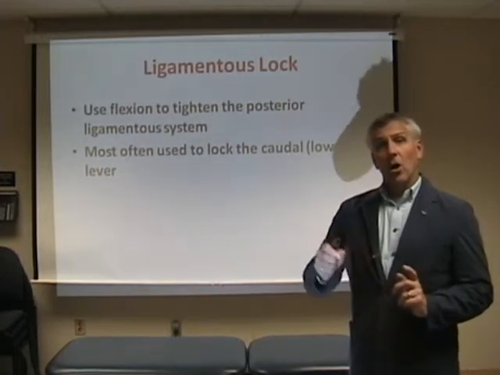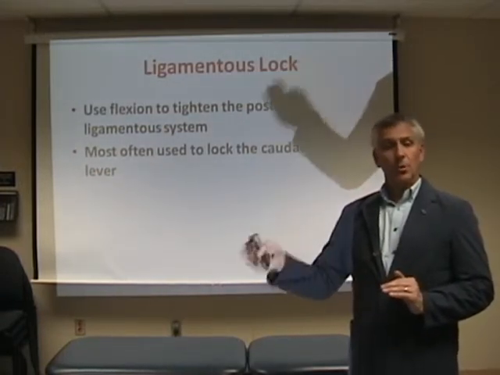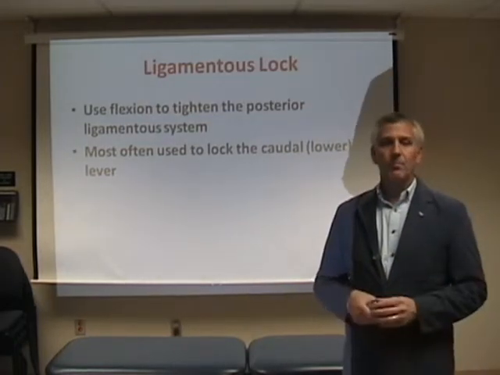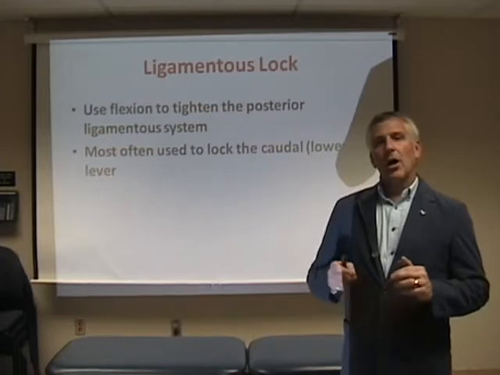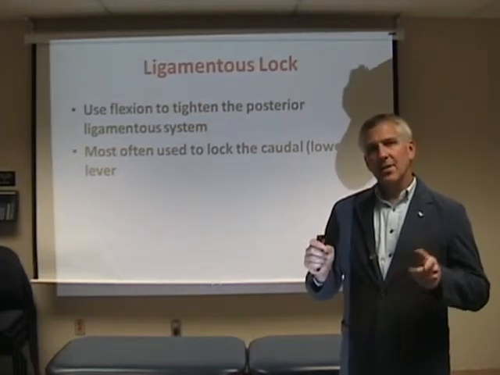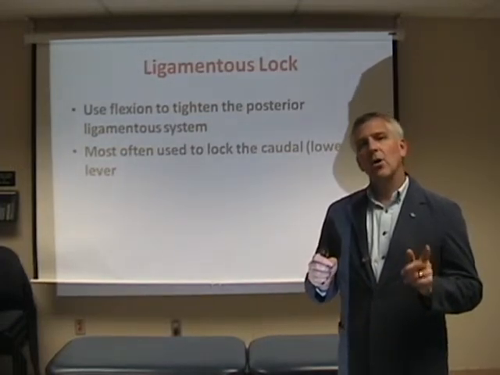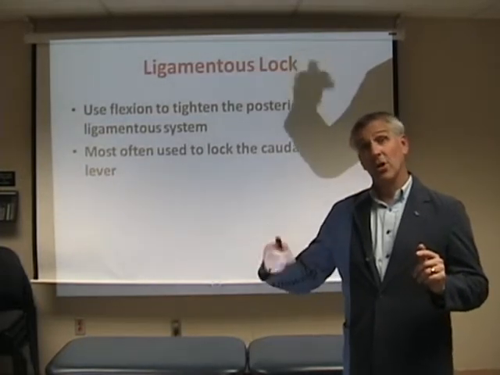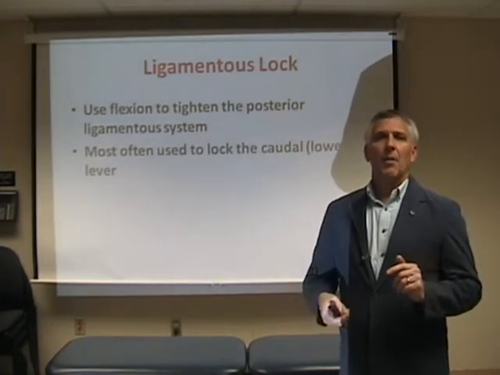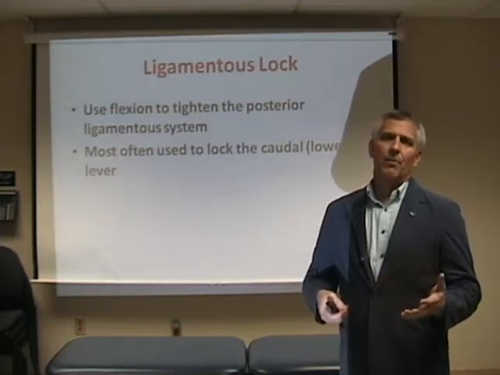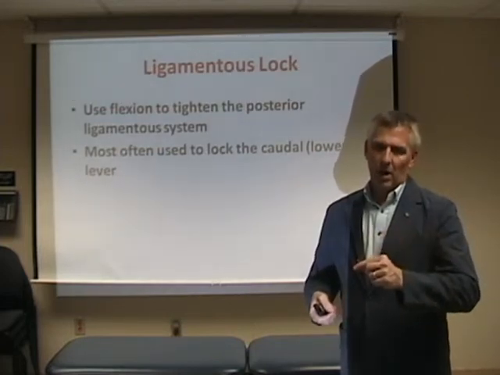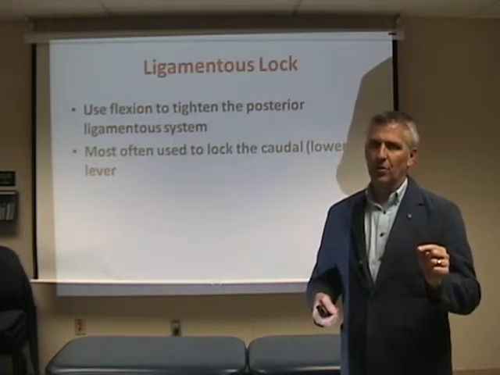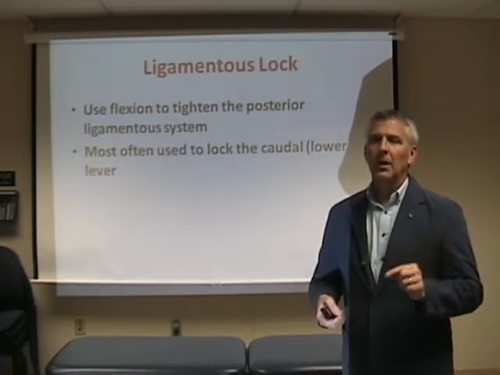The ligamentous lock that is typically used below, in a lumbar spine, we typically use flexion. A consideration that isn't in your notes is that we can also apply a degree of side bending, which again is a physiological motion. We might not then term that a ligamentous lock. We usually are talking about flexion when we use that term.